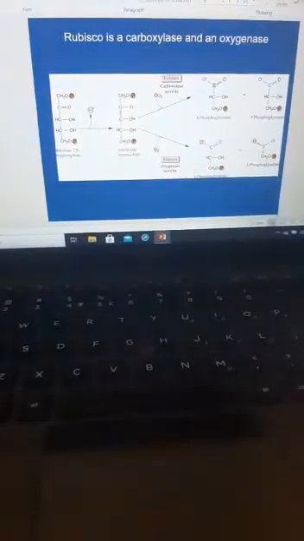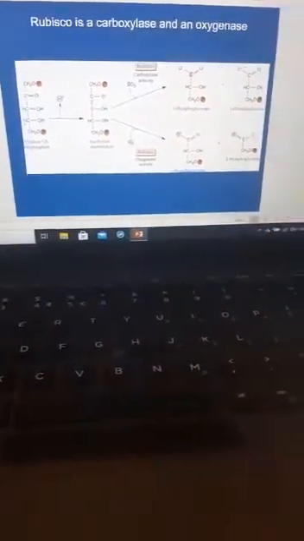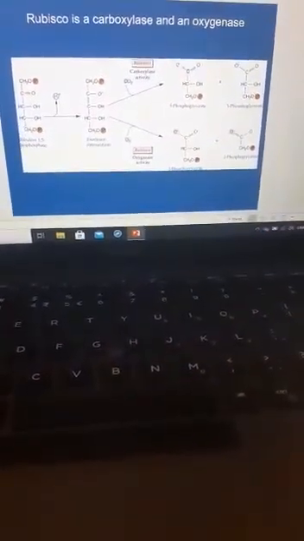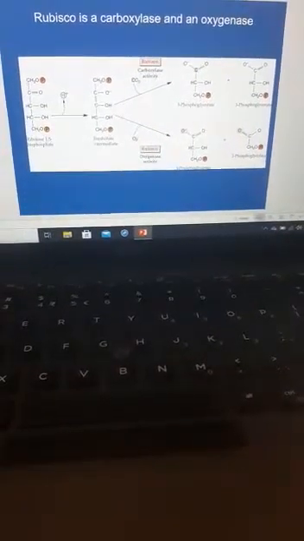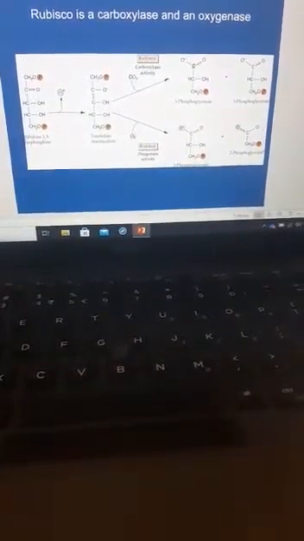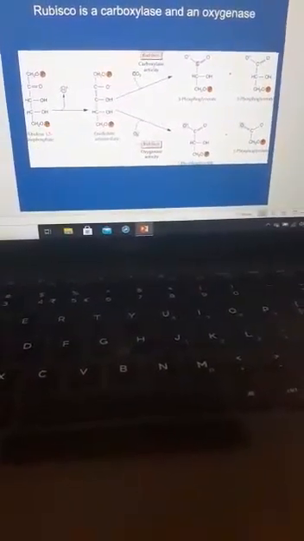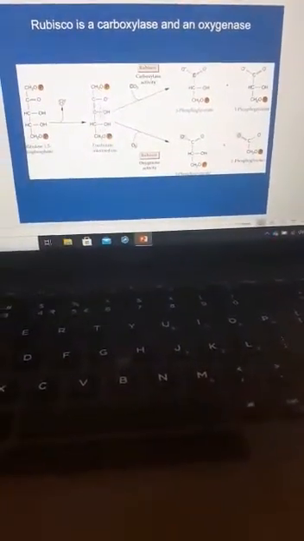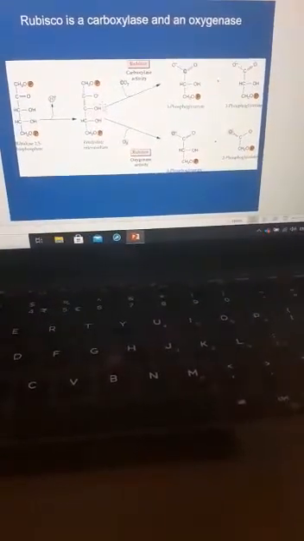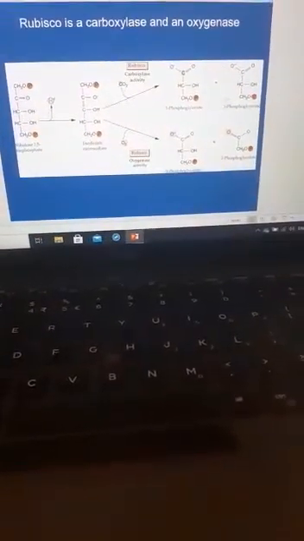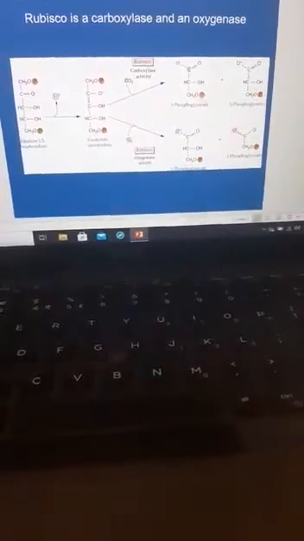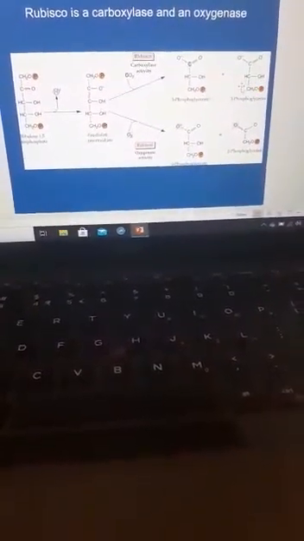So this slide is not very clear, but you can see what the slide is actually indicating here. That's RuBP. Basically when it reacts with carbon dioxide, it gives you two PGA molecules.